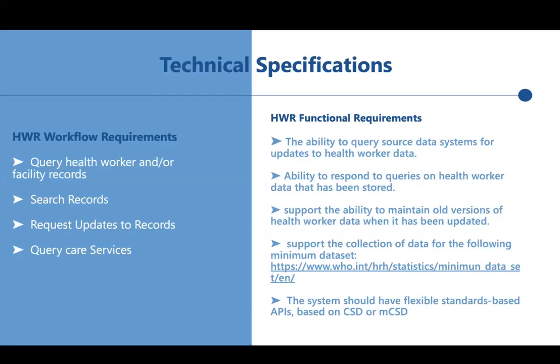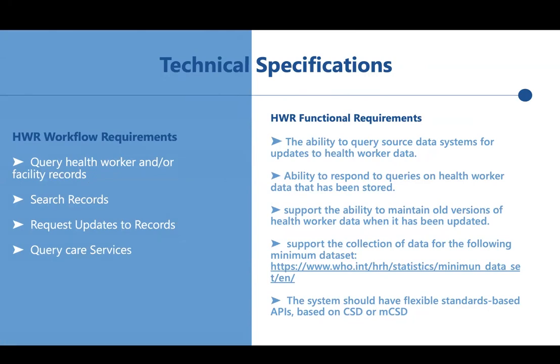Based on OpenHIE, these are some of the technical specifications for a health worker registry. The basic workflows as defined by OpenHIE are that you need to be able to query a health worker and where they are working, that is the facility they are working at.